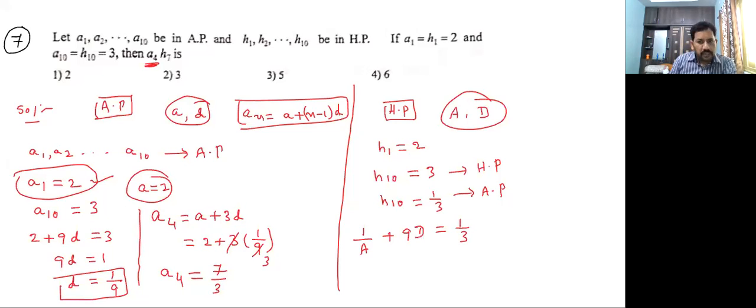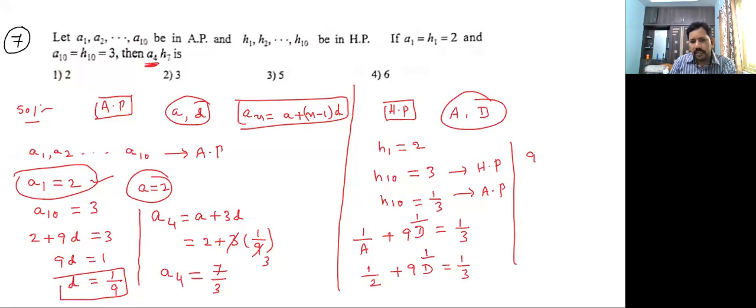What is the 1 by A value? A value is 2, given. That is the HP series. Here we can take 1 by A, 1 by 2, plus 9D, that is equal to 1 by 3. Calculate this: 9D. So here also we can take 1 by D, because 1 by A I have written.